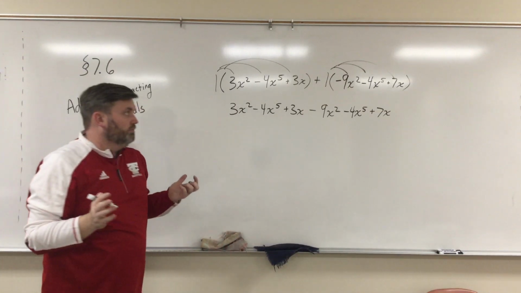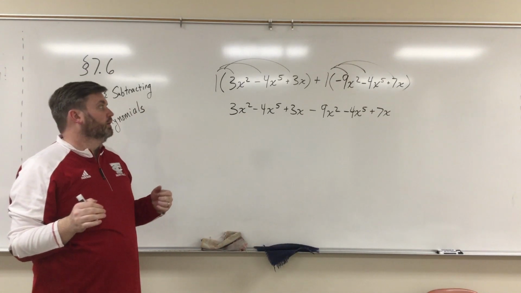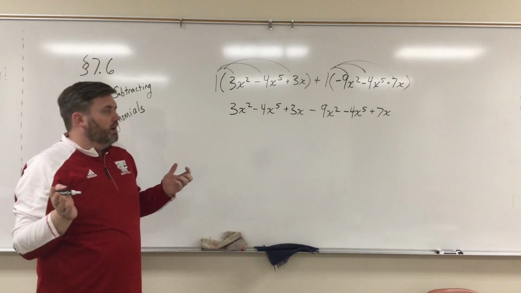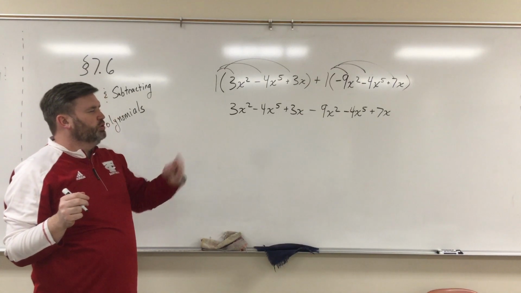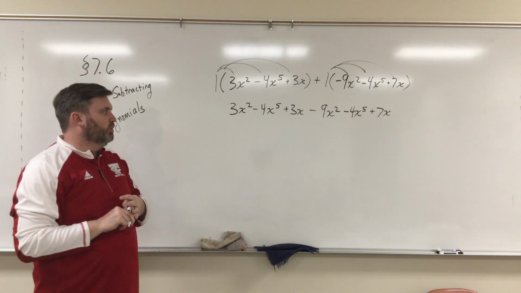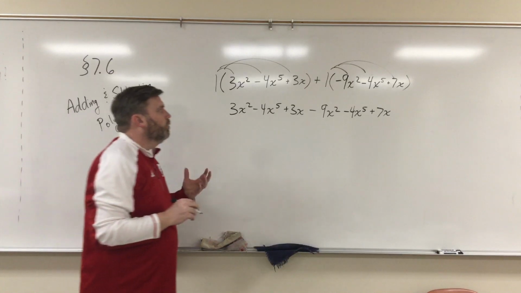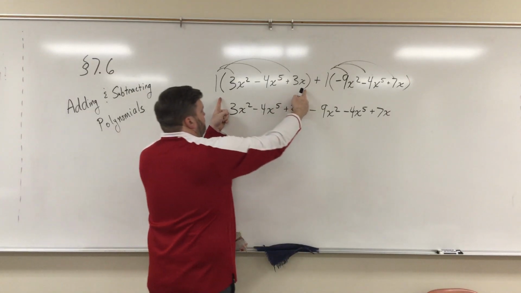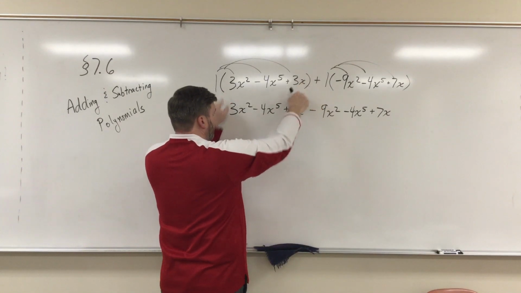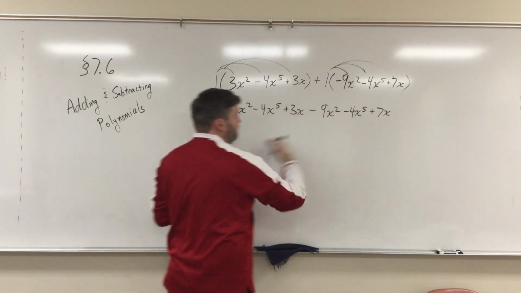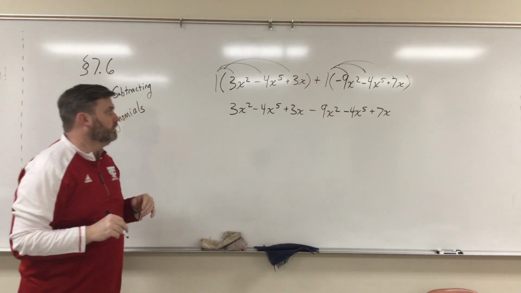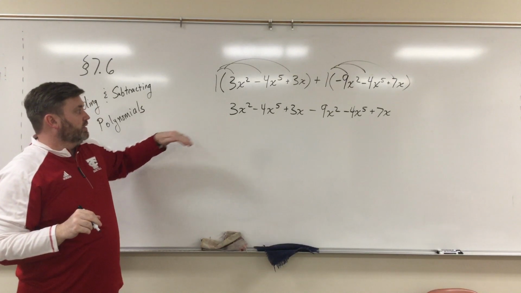Now technically, we just distributed that 1 there. Big deal. I don't really care. I just wanted to show you that because I'm going to use that in an example later where it's a little more important. Don't worry about it. Just drop the parentheses. Anytime there's a plus there, drop the parentheses, and then move on to combining like terms.